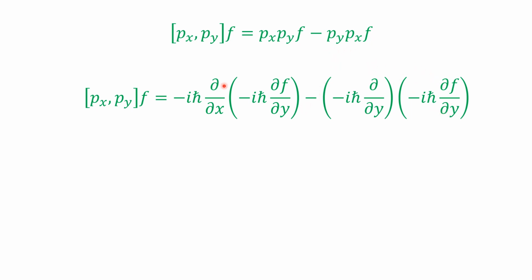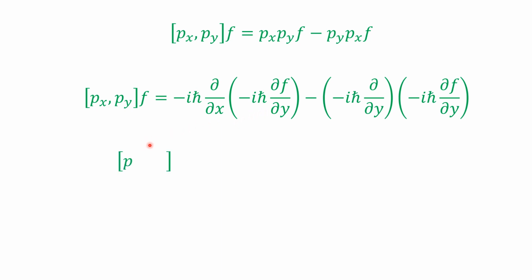So this is the expanded version of the above expression. That is, I have replaced Px by its operator, which is equal to minus i h-bar del over del x. Similarly Py, of course, here you have f. Same thing I have done for the second term. Now you multiply these two factors, that is minus i h-bar del over del x multiplied with minus i h-bar del f over del y.